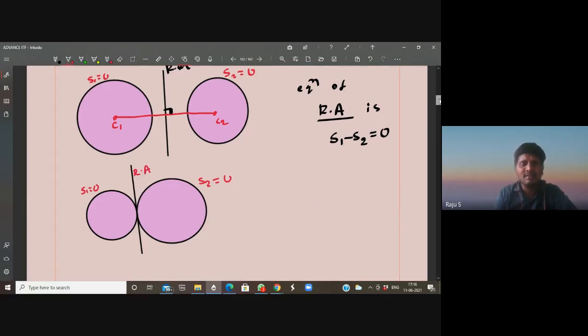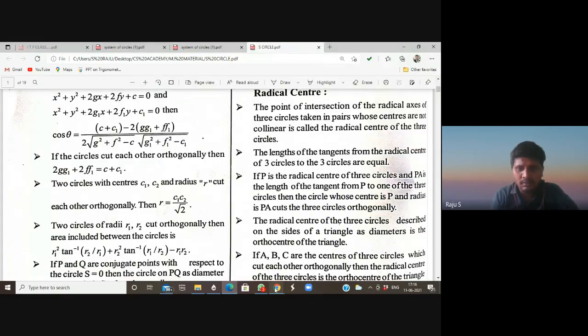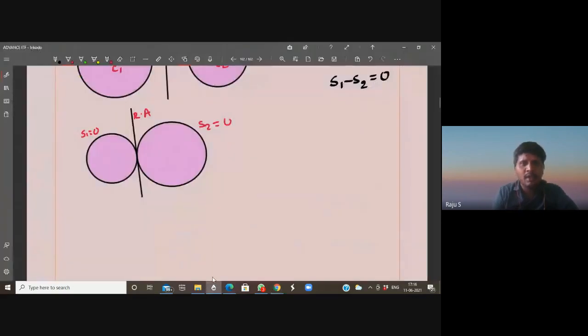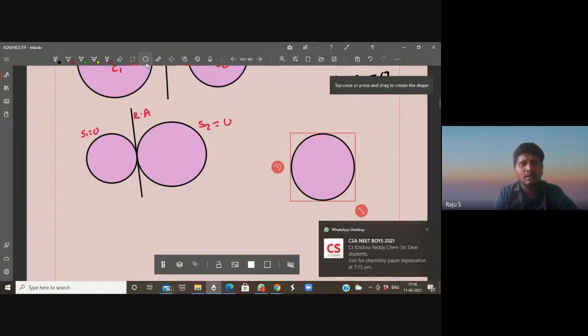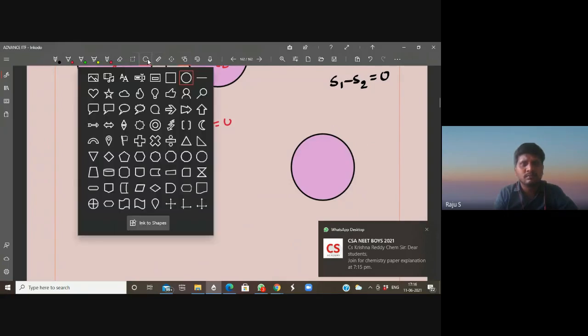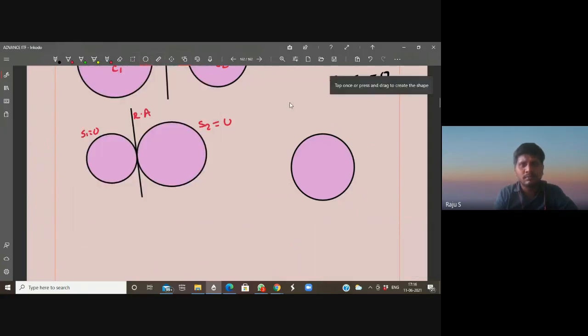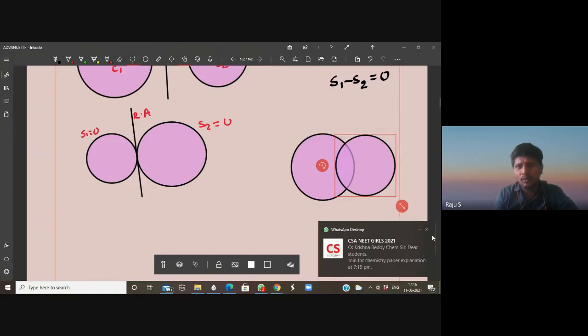In the first case, the radical axis is perpendicular to the line segment joining the centers of the circles, right? Next, when two circles are intersecting, not just touching, look at it, two circles are intersecting like this.